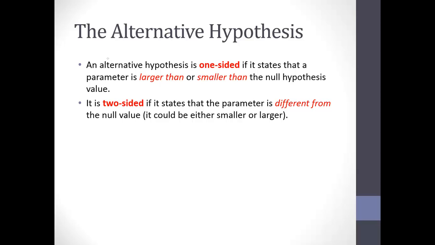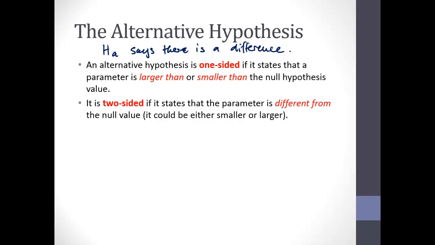Again, the alternative hypothesis H_A says there is a difference. But then I can go with a one-sided alternative, which says that the difference means bigger than or smaller than. I'm only concerned about one of those cases.